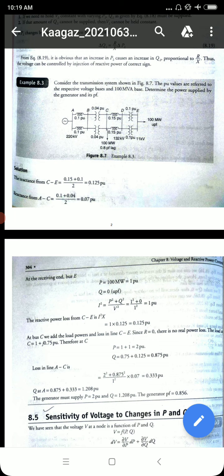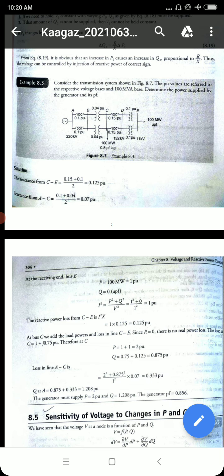At the bus C, we add the load powers and loss in C to E. Since R is 0, there is no real power loss. The load at C is 1 plus j 0.75 per unit. Therefore, at C, P is equal to 1 plus 1, that is 2 per unit, and Q is 0.75 plus 0.125, that is 0.875 per unit.